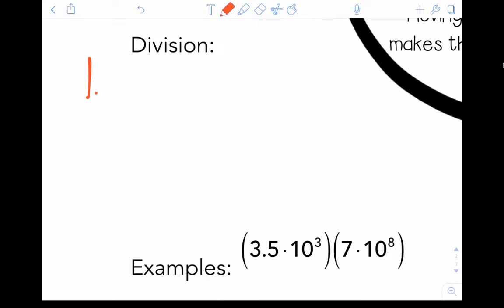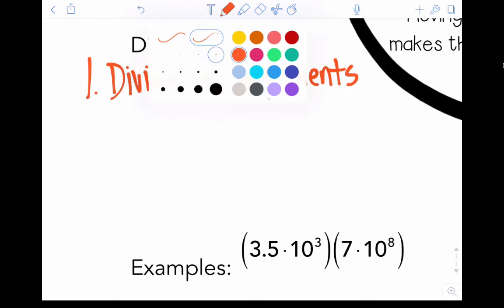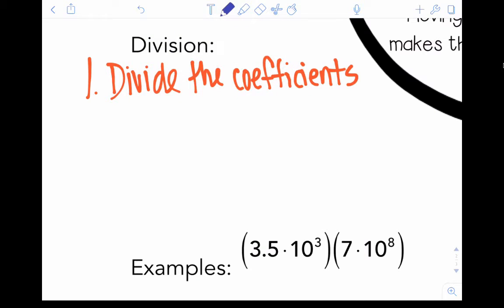With division, it's very similar. But instead of multiplying the coefficients, we're going to divide the coefficients. And then instead of multiplying the powers of 10, we're going to divide the powers of 10.